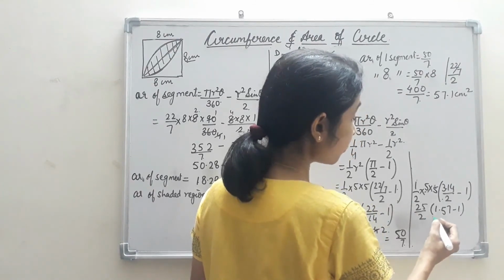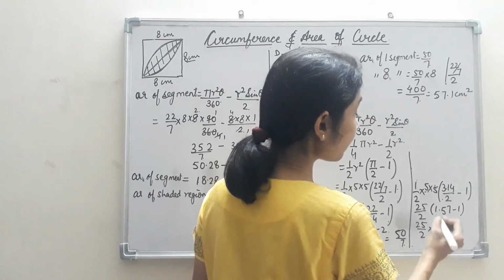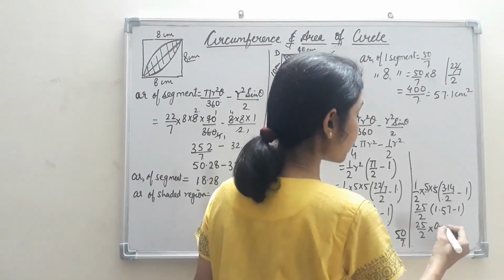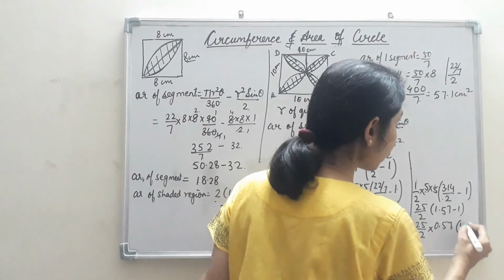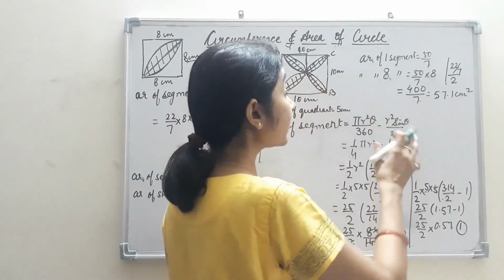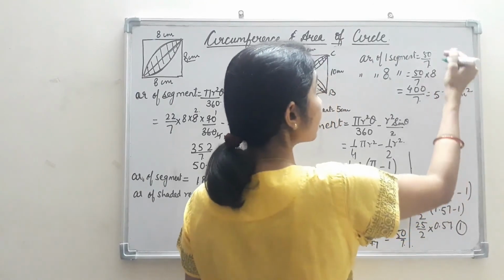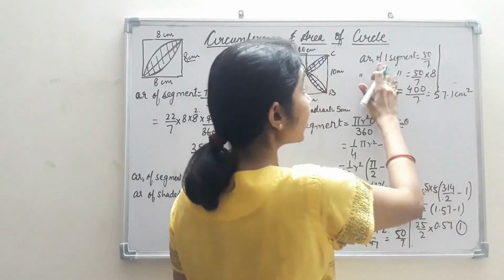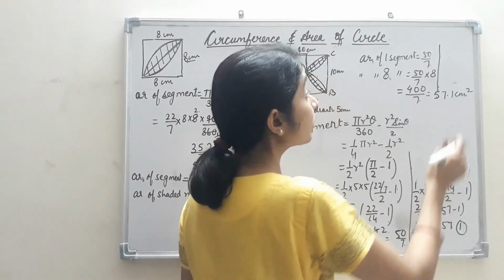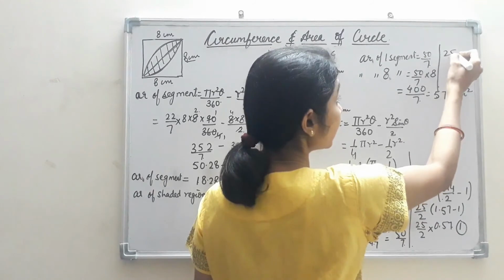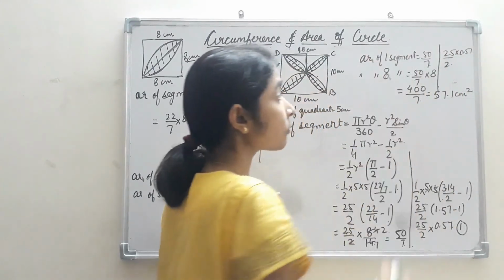Okay, so here what do I get? 25 upon 2 multiplied by 0.57. Okay, so that is the area of one segment. Now in the same way, area of one segment is equal to 25 upon 2 into 0.57.